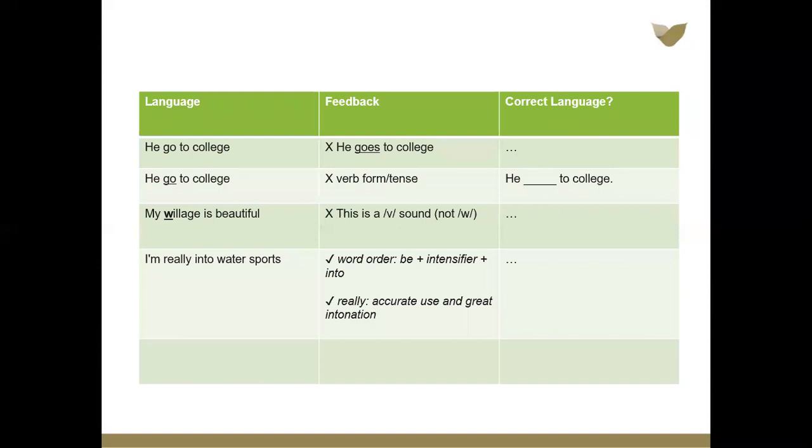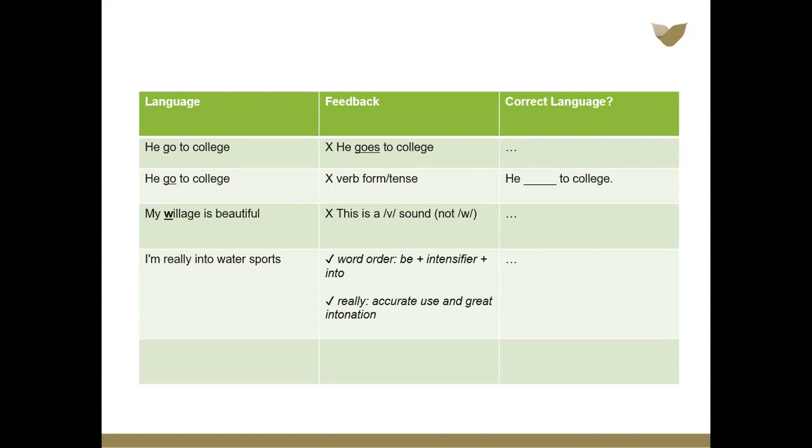Now let's take a look at this example. He goes to school. The feedback is he go to school. The feedback would be he goes to school. And then, he go to school, verb, form, tense, the teacher will be asking the student to correct this. Which approach could be the second one?